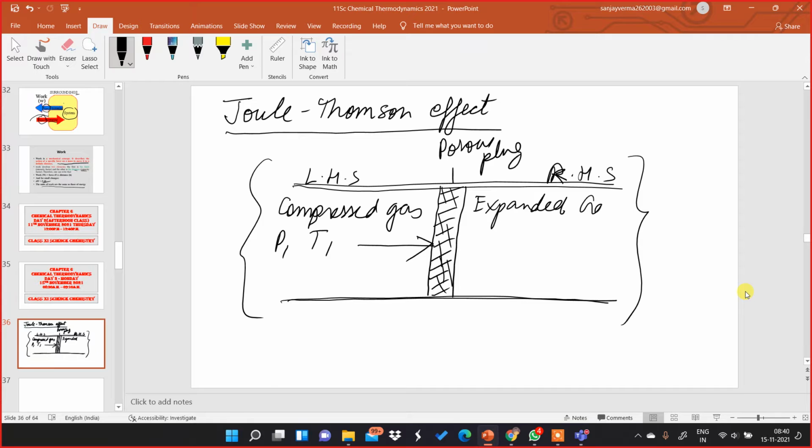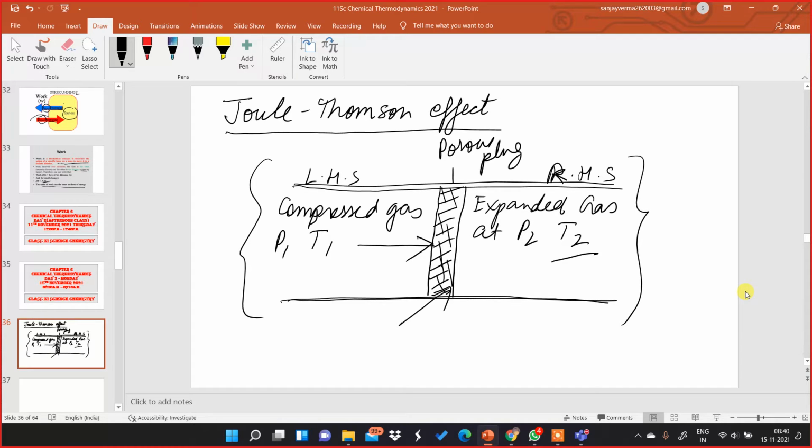When it comes out on the right hand side, it gets more space, so it is an expanded gas at pressure P2 and temperature T2.